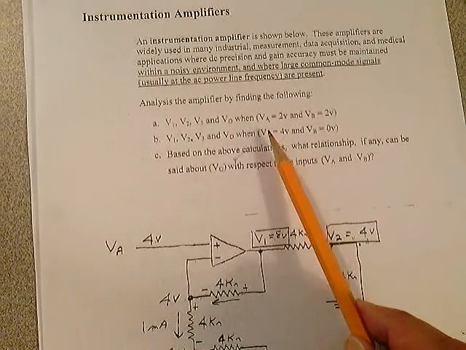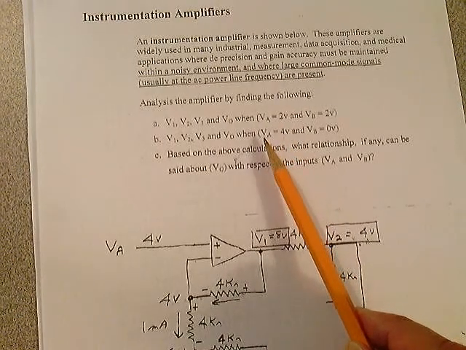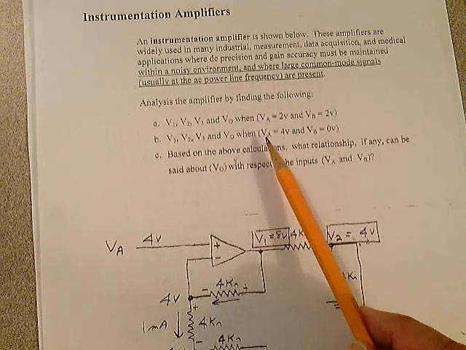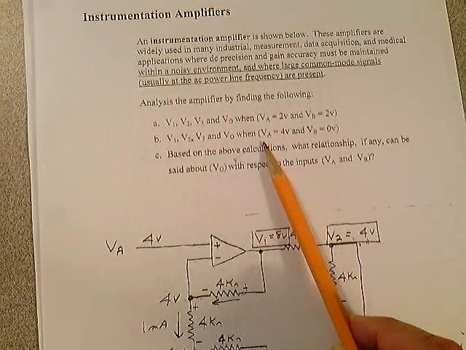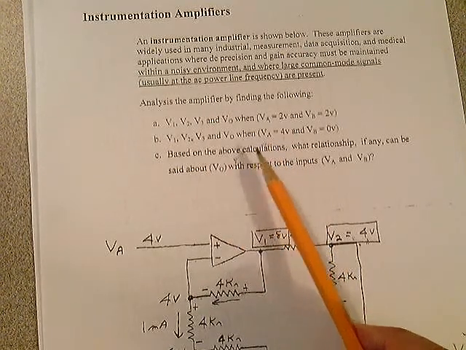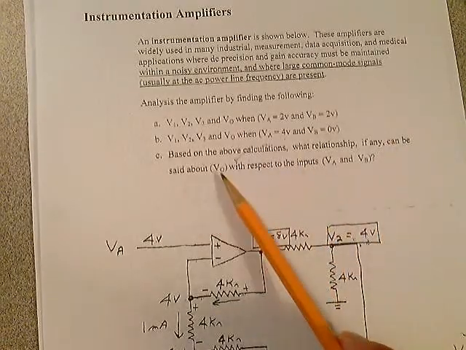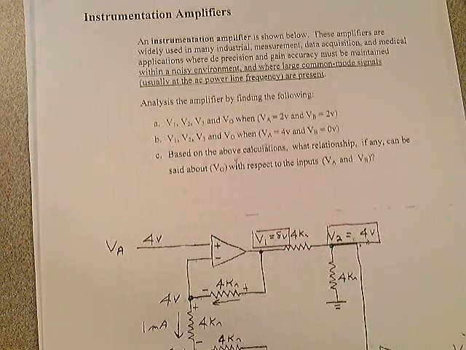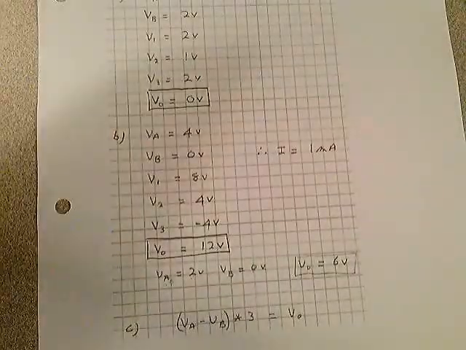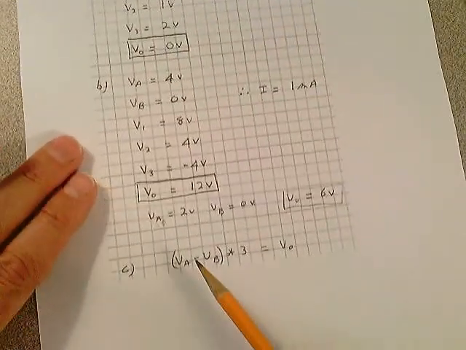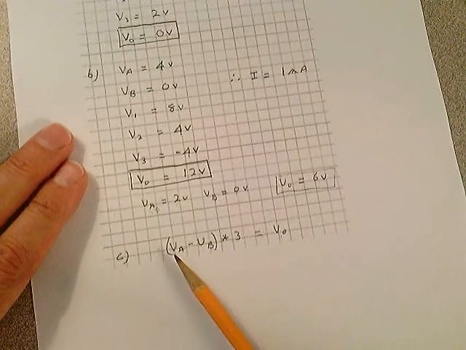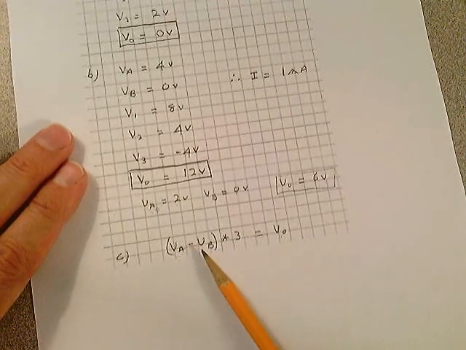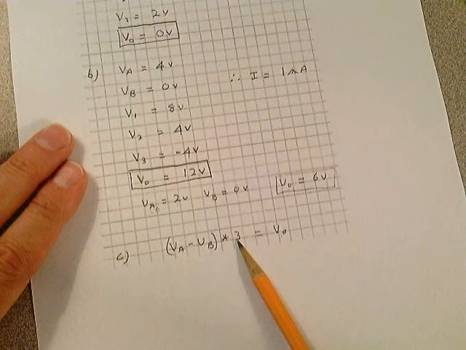When you do that, what I want you to do is, based on all those calculations for A and calculations for B and then calculations for the extra analysis that I gave you, what relationship, if any, can be said about V out with respect to VA and VB? Well, in all cases, it turns out that the output voltage is always VA minus VB times a gain of 3.